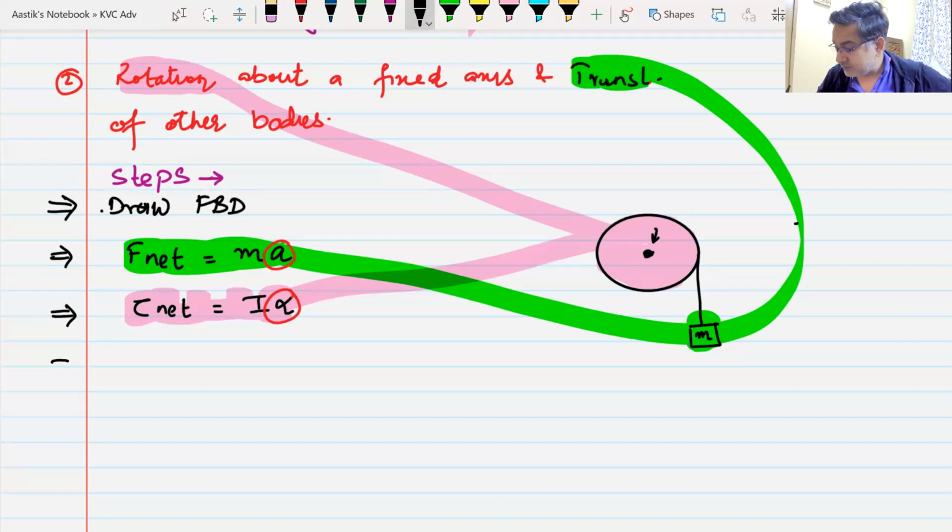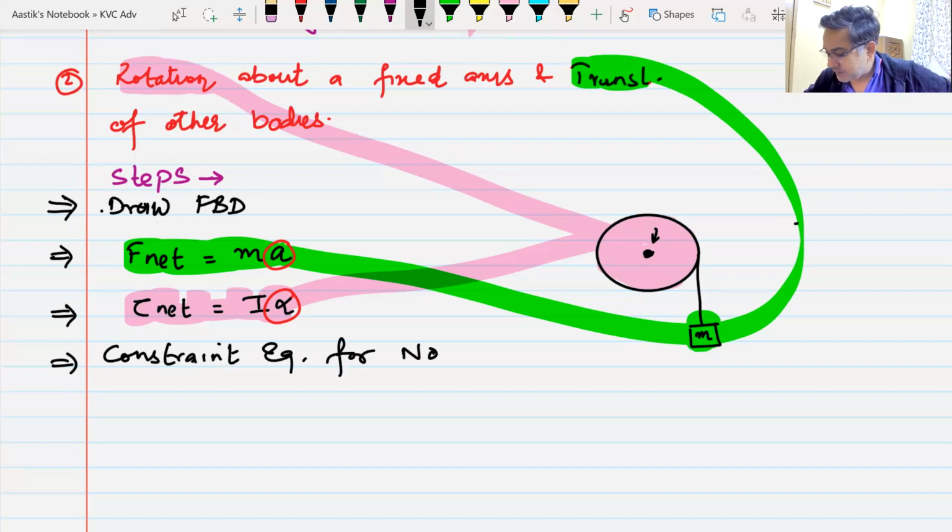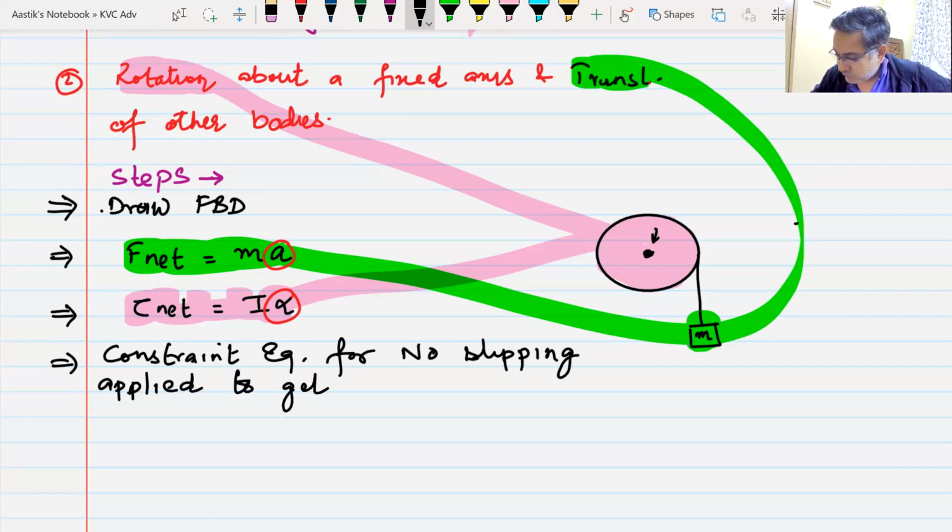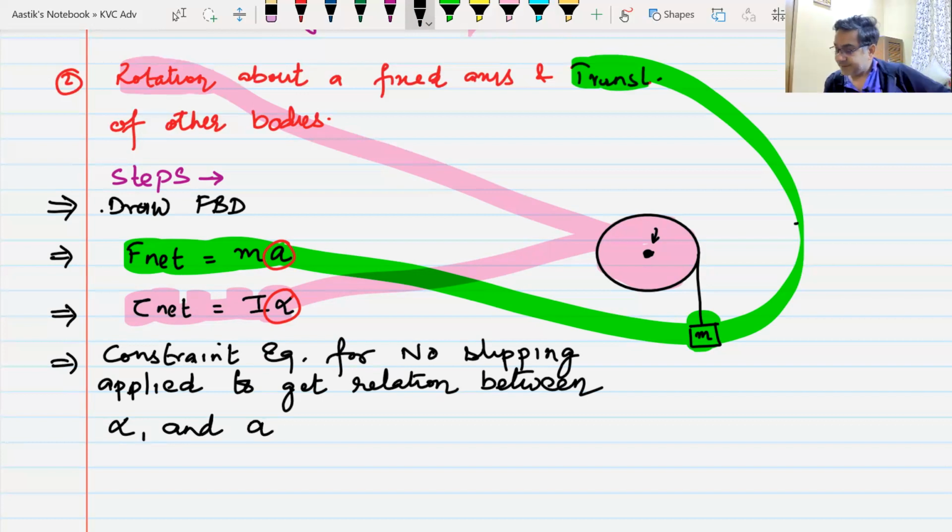For that, you will need a constraint equation. Constraint equation for no slipping condition will be applied to get the relation between alpha and a.